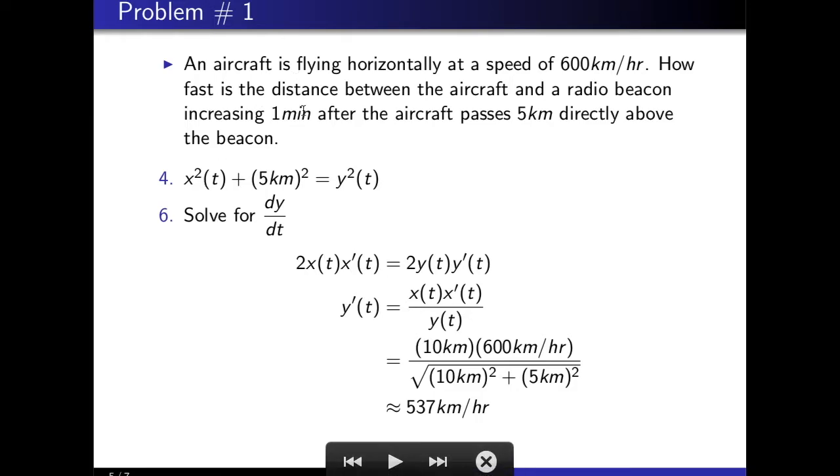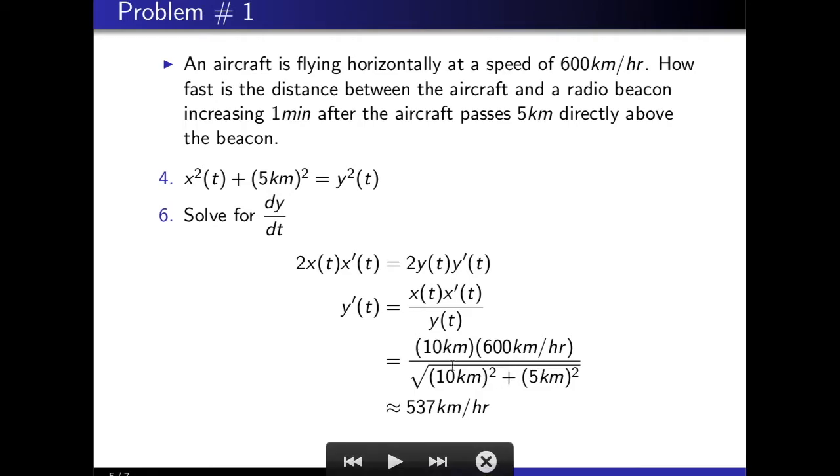And we're looking at what's going on 1 minute after the aircraft has passed the beacon. So we'll just see the distance that the aircraft is away from the beacon horizontally 1 minute after passing it. If it's going at 600 kilometers an hour, it's going at 10 kilometers per minute. So we'd get that our distance x at the point we're concerned with is going to be 10 kilometers.